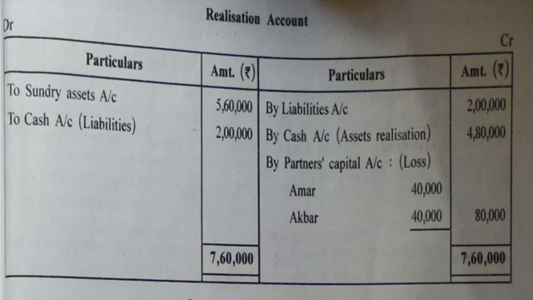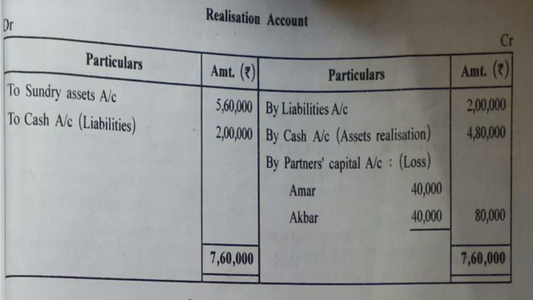So what is the next step? That you are going to sell these assets, and you will pay all the liabilities. So the journal entry for the sale of an asset is cash account debit to realization account.